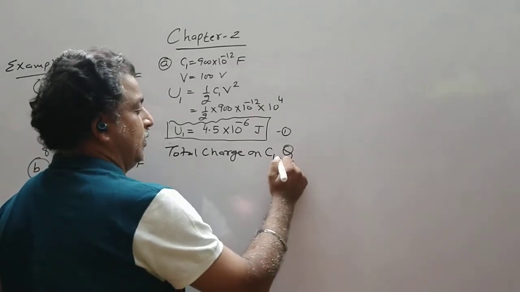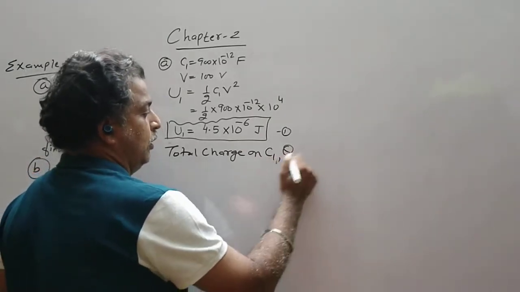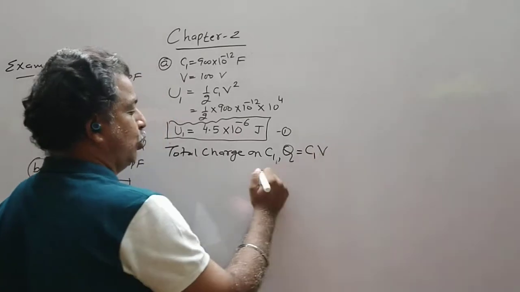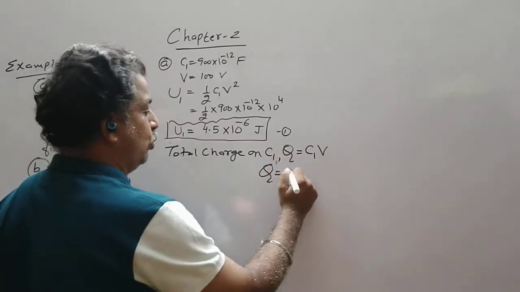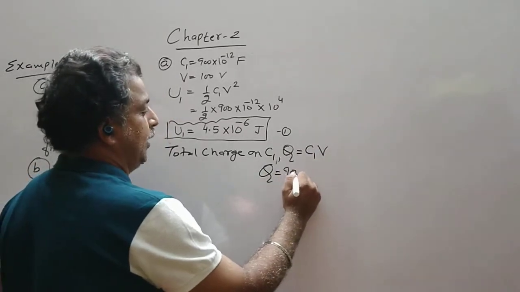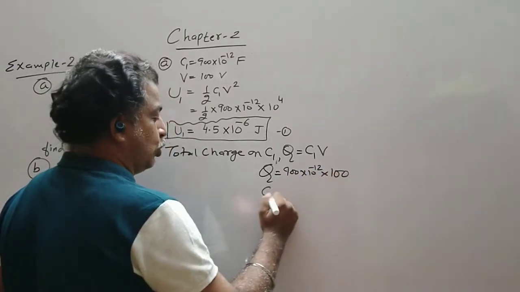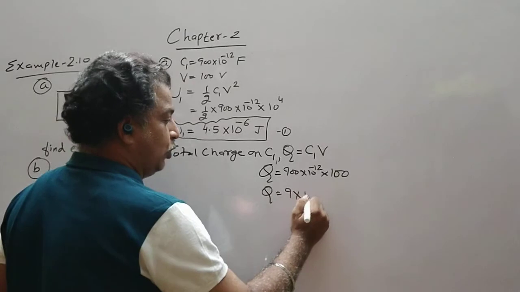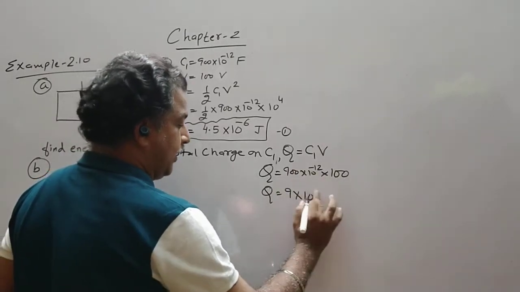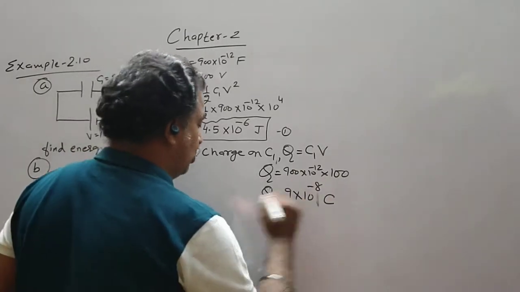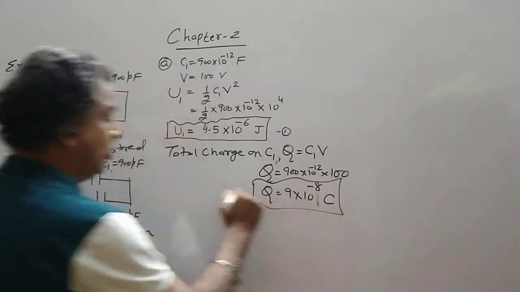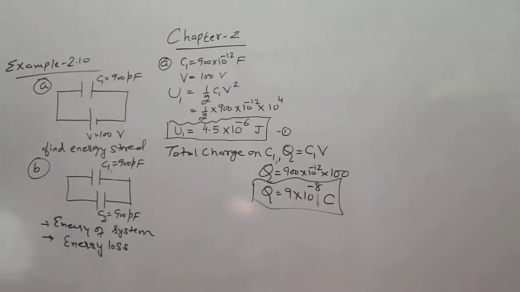Let us name it Q. So Q is equal to C1 into V. So Q is equal to 900 into 10 raised to minus 12 into 100 volt. So Q is equal to 9 into 10 raised to minus 8 coulomb. So this we find first. If you are using the concept of charge, we will do a different concept.